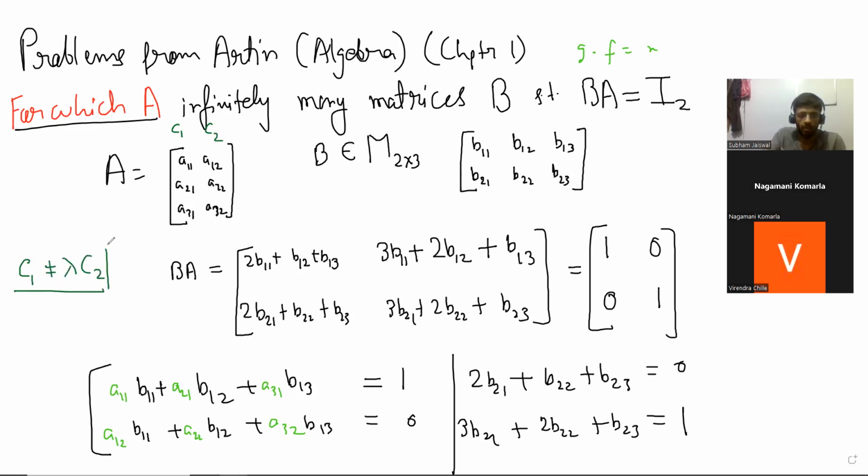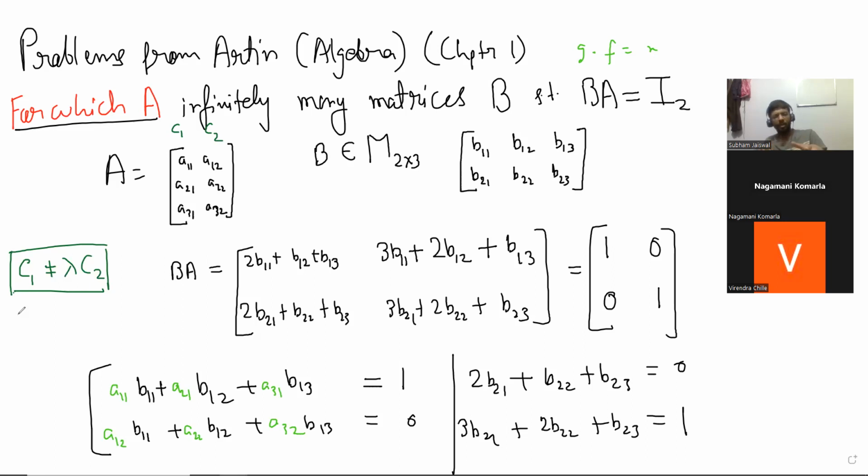Because if it were, then, and lambda is non-zero. Actually any lambda is fine. Lambda equal to 0 with C1 equal to 0 will also work, right?